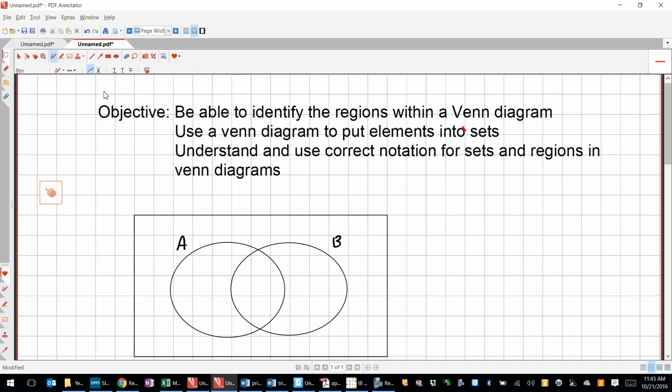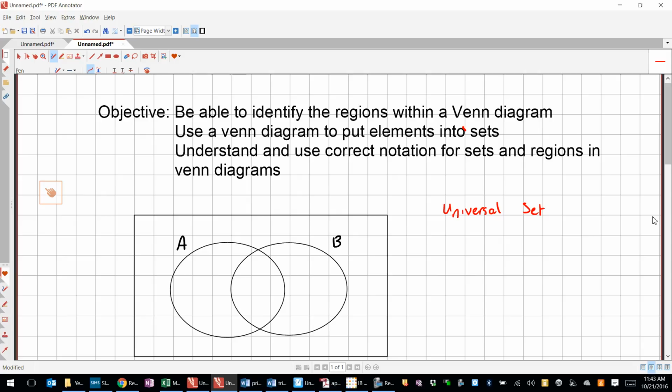Now the reason is because when we're dealing with sets of numbers, there is one important set that we need to consider first. And it is called the universal set. The universal set is all the numbers that you are considering at this time. Remember, don't write at the moment.